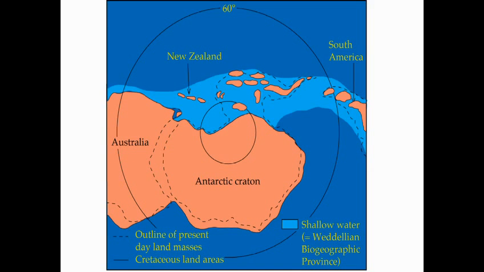So in the Southern Hemisphere, a really critical place is the bit in light blue there, which is known as the Weddellian Biogeographic Province, effectively southern South America, the Antarctic Peninsula, New Zealand and southeastern Australia. We know that in this place, somewhere, some of the major plant families in the Southern Hemisphere evolved. The Proteaceae, the Casuarinaceae, the Nothofagaceae, possibly the Podocarpaceae in the conifers.